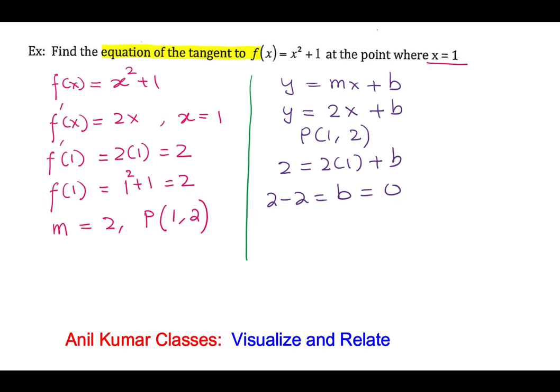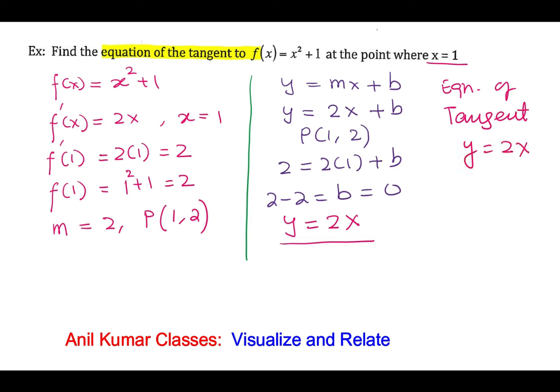And therefore, we get the equation of the line as y equals 2x. So this is the equation of the tangent line, right? So the equation of the tangent line is y equals 2x. Makes sense, correct?